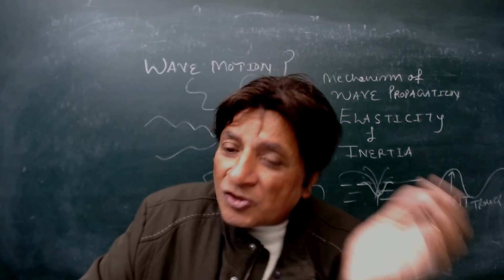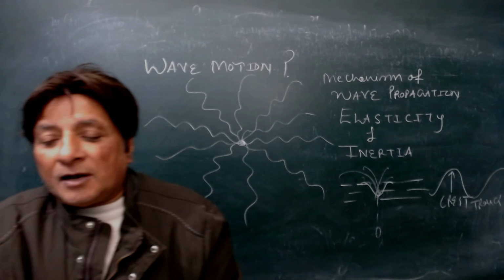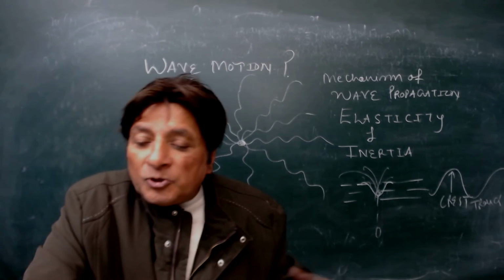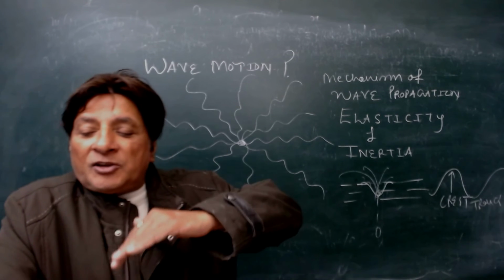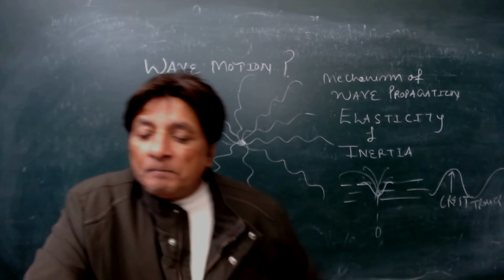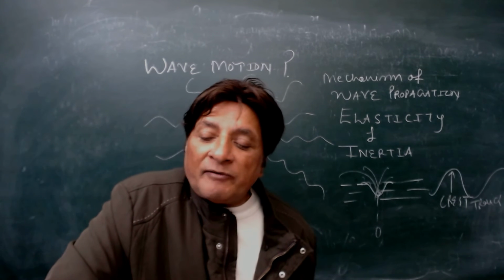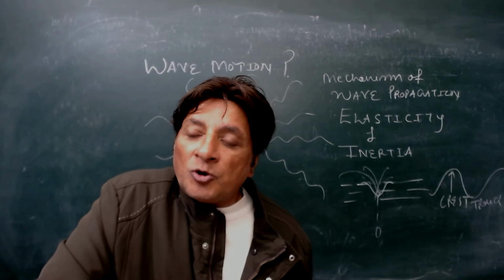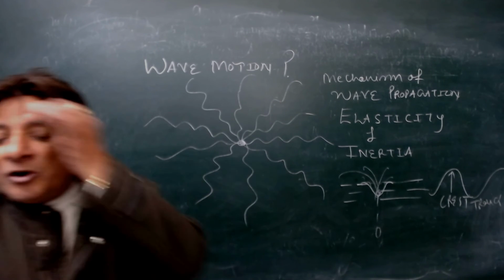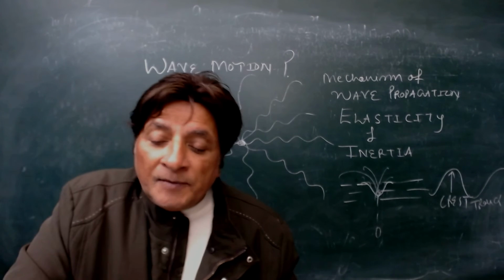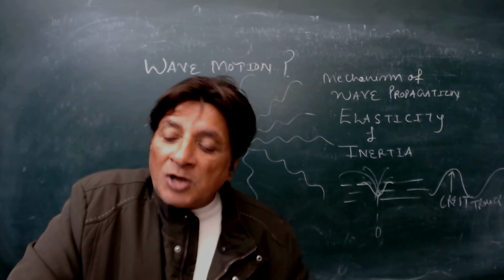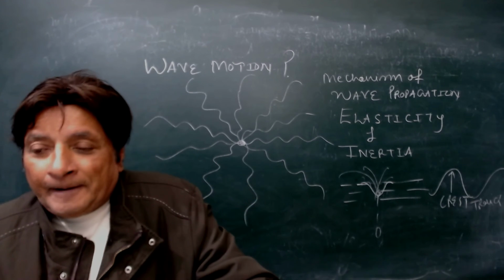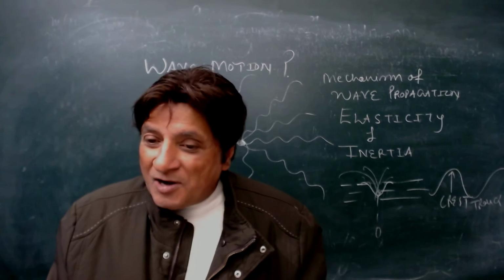This example demonstrates that water particles do not leave their positions permanently. They simply execute periodic motion about their mean positions while the disturbance produced by the stone moves outward continuously. In other words, the energy initially given by the stone to the water molecules is continuously transmitted through the water.